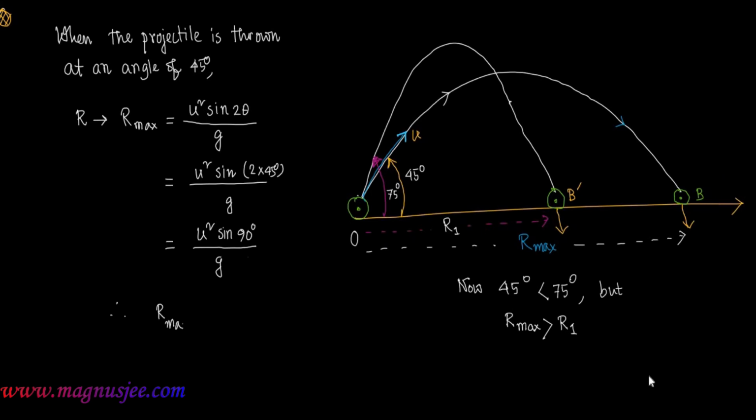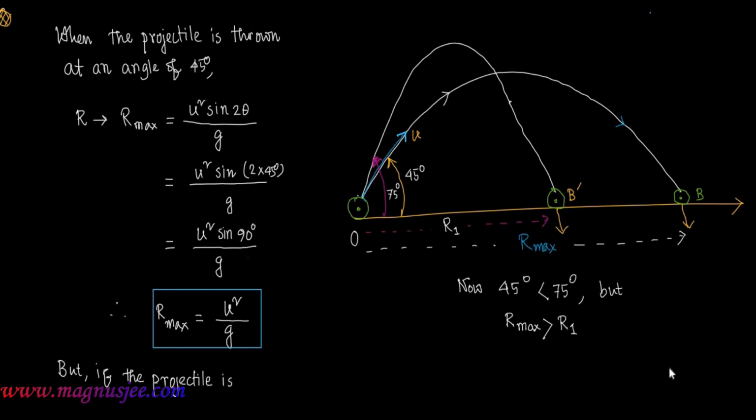Therefore R max is equal to u square divided by g, which is the maximum horizontal range for a projectile thrown at an angle 45-degree with the ground.